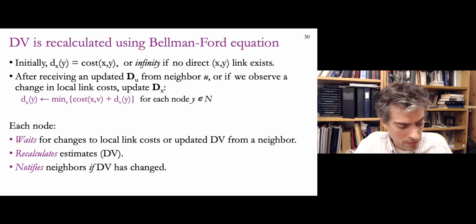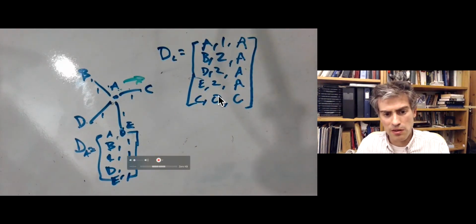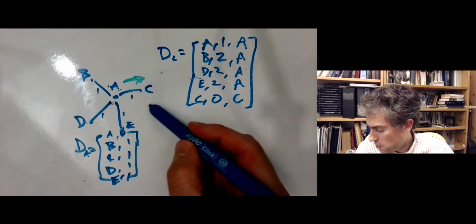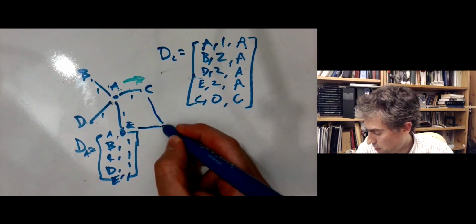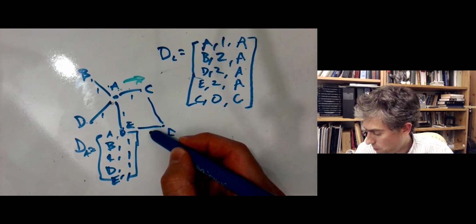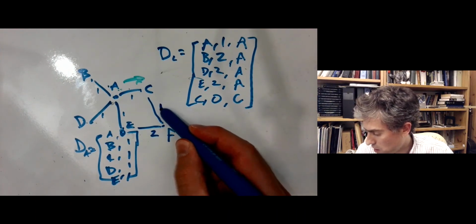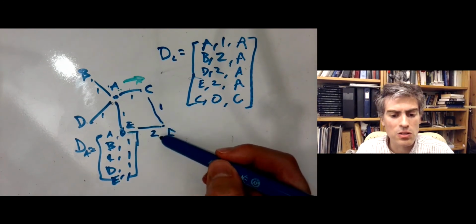So for example, just to make that a little bit more clear, if C got this distance vector from A, but it also, let's say it was connected to F here. If F has an inferior connection, let's say it has a connection like this, where it is connected to E with cost 2.